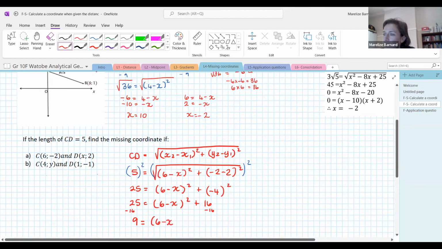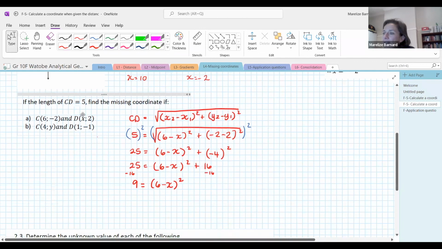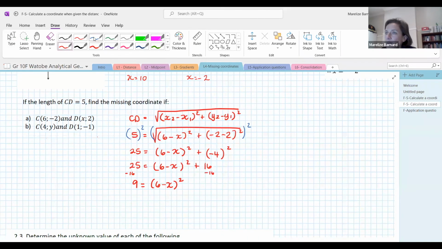6 minus x squared. Okay. And with that bracket that's squared, we can square root that again. But when we square root the 9, we must remember that it can have 2 possible answers, because there's 2 numbers that multiply together to give you 9, minus 3 and 3.